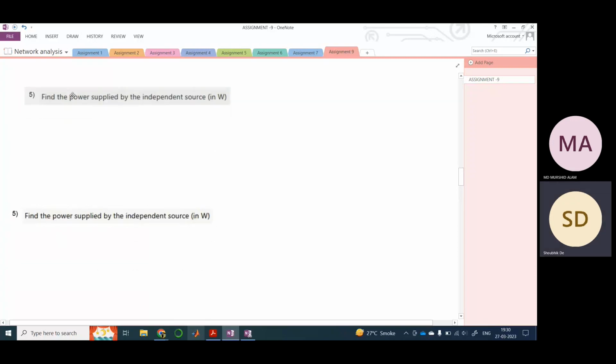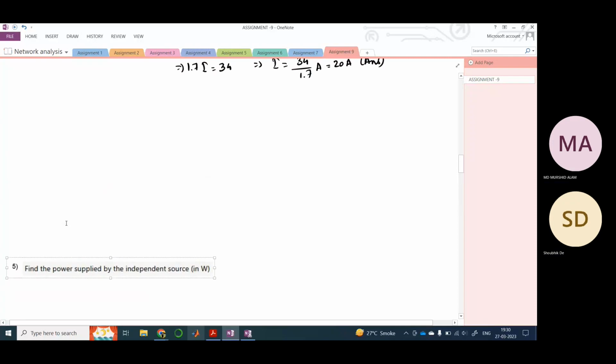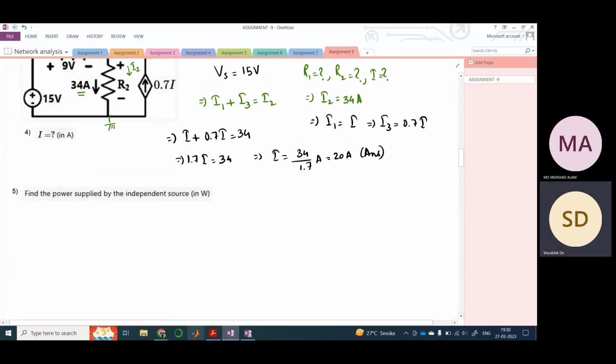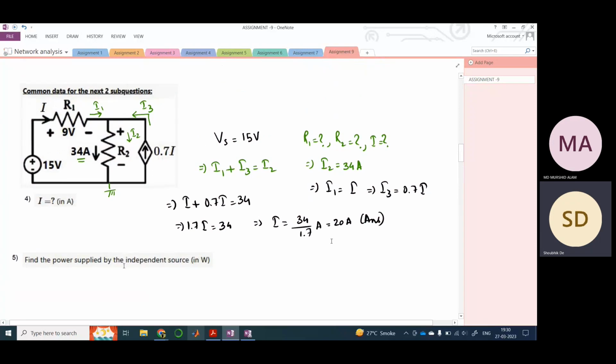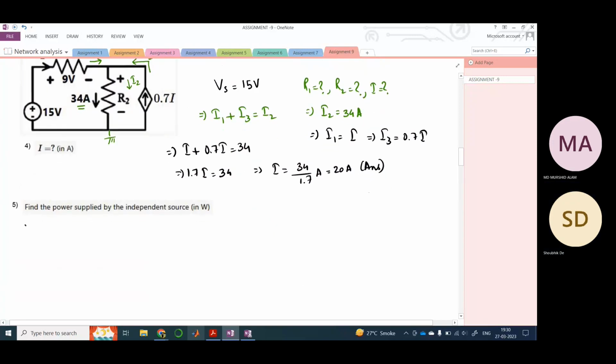So now let us solve the next part. Let me just pull it upwards. Okay, so now they have asked us for the power supplied by the independent source. The independent source is the 15-volt voltage source, right?